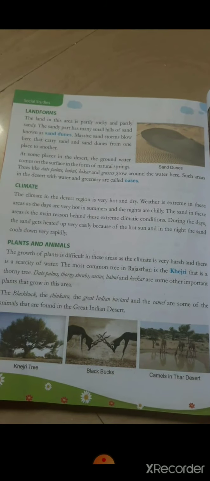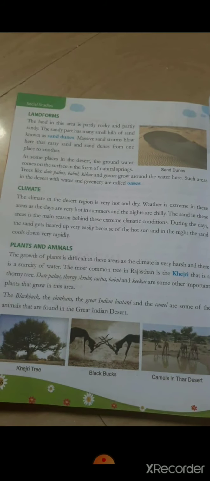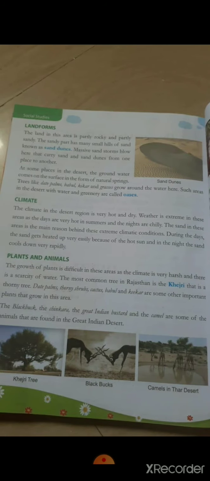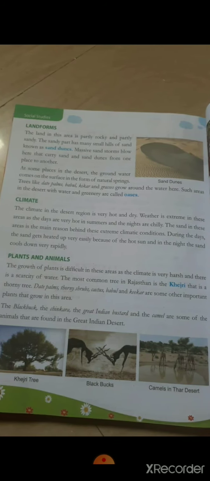Plants and animals found in this desert: the growth of plants is very difficult in these areas as the climate is very harsh and there is a scarcity of water. The most common tree in Rajasthan is khejri, which is a thorny tree.